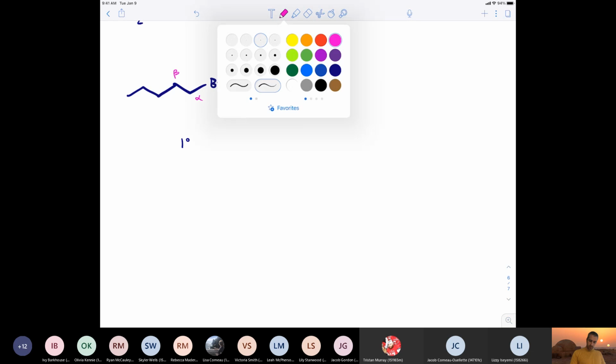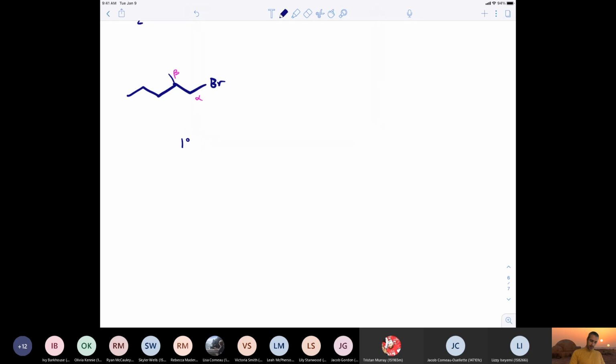We saw an example where, if you draw in the hydrogens on the alpha and beta carbons, we use a specific nucleophile, or I'm going to call it a Lewis base. Lewis base and nucleophile are kind of synonyms.